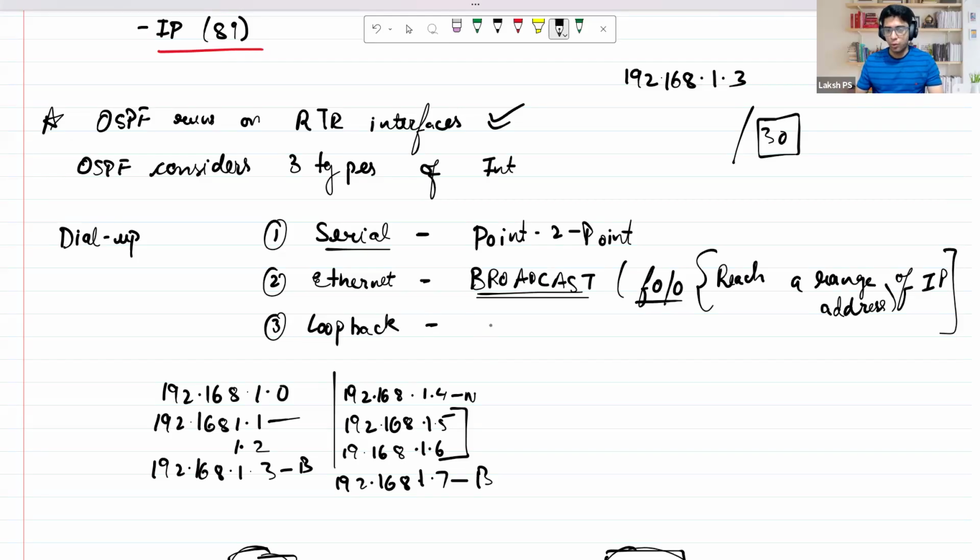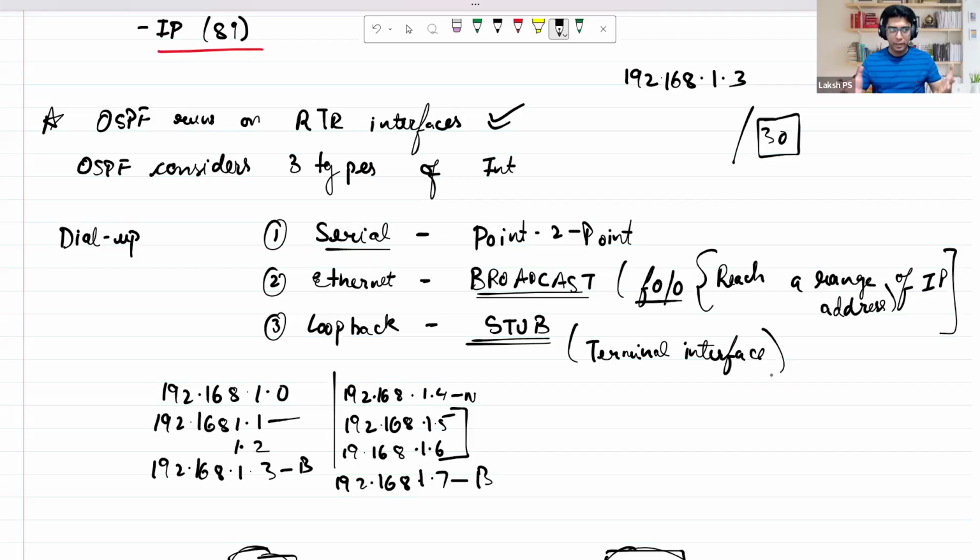Then loopback. OSPF considers the loopback interface as a stub interface. We will come across this stub interface a lot in real time and also in our future discussions. So what is a stub? You can think of a stub as a terminating or terminal interface, meaning that after this there is no path.